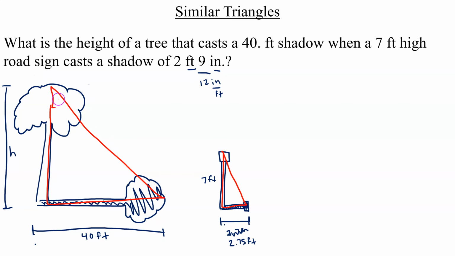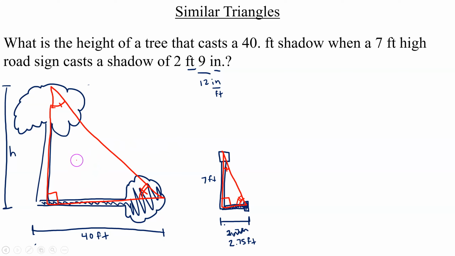So the sun is at the same angle for this triangle as it is for this triangle. So here we have the same angle. And then we have a right angle here and a right angle here. So those are the same angles. And then our only other angle is right here. So if 2 angles are the same, then the third one must be the same.